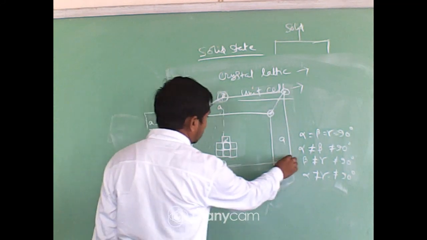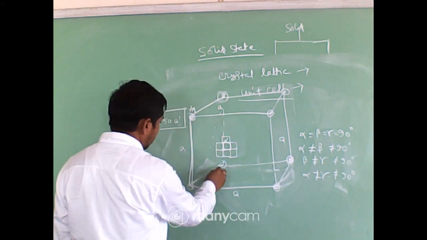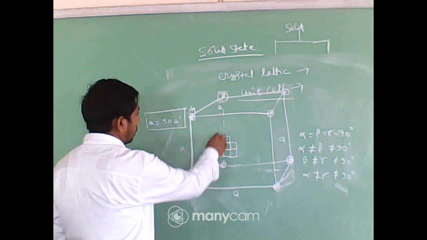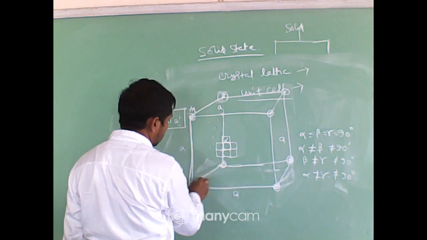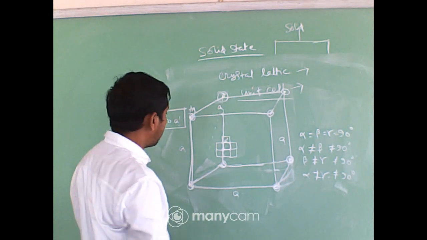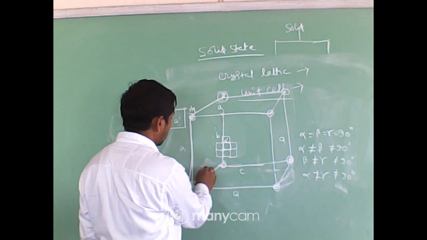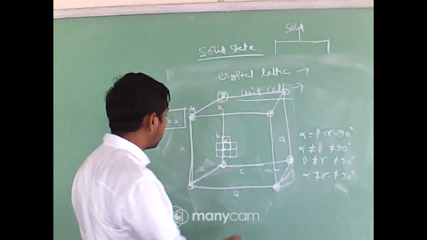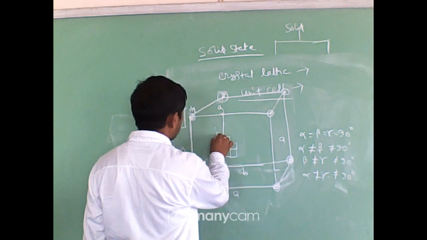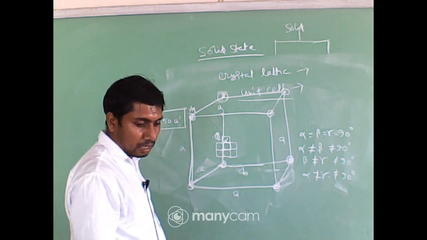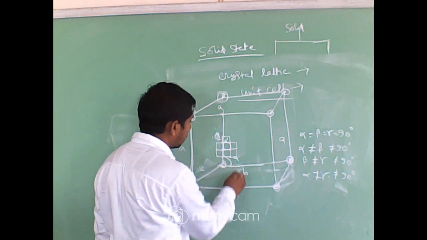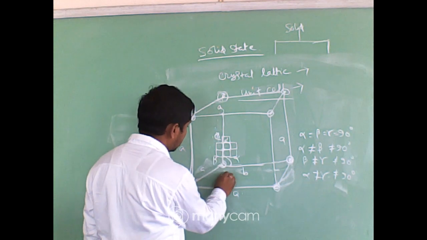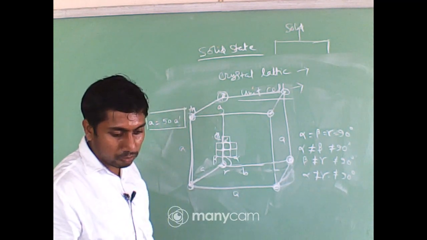Here you can see this crystal lattice. There are 8 lattice points, and suppose this is the middle point I have taken. This is one axis, this is another axis, and this is another axis. If we name them B, C and A, then the angle between these will be, okay, alpha is this angle, beta is between A and C, and this is gamma.